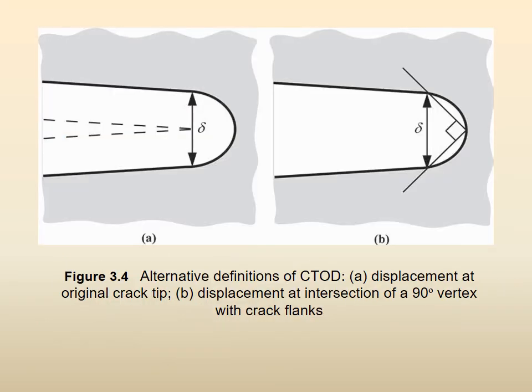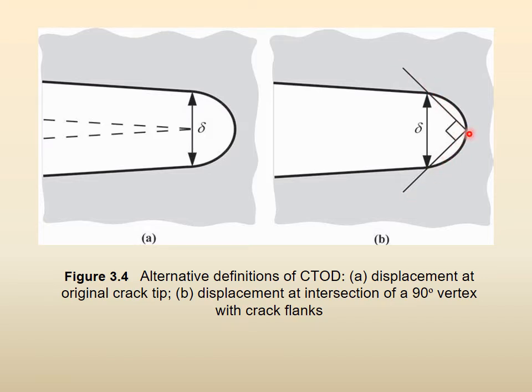So remember, this was the original thing: this was the sharp crack, and it had opened this much. So the opening at the tip of the crack is just one thing. The other is that at the longitudinal center of the extended opened crack, make a point and make a 90-degree angle on that.